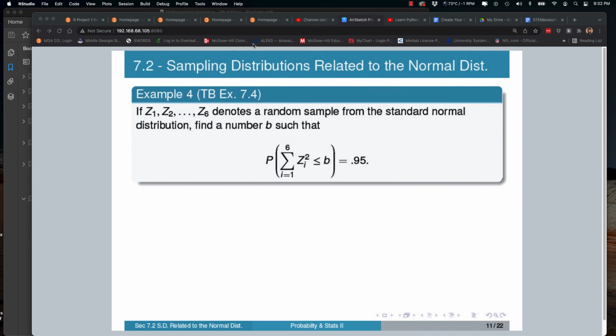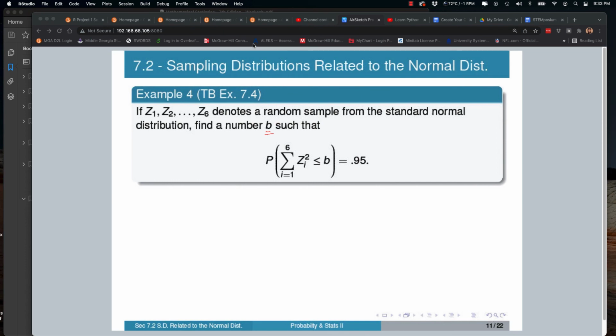So if I've got z sub 1 through z sub 6, and it denotes a random sample from the standard normal distribution, they want us to find a number b such that the probability of the sum of the z sub i squared from 1 to 6 is less than or equal to b, and that probability equals 0.95. Okay, so we're going to use the table to find this value.